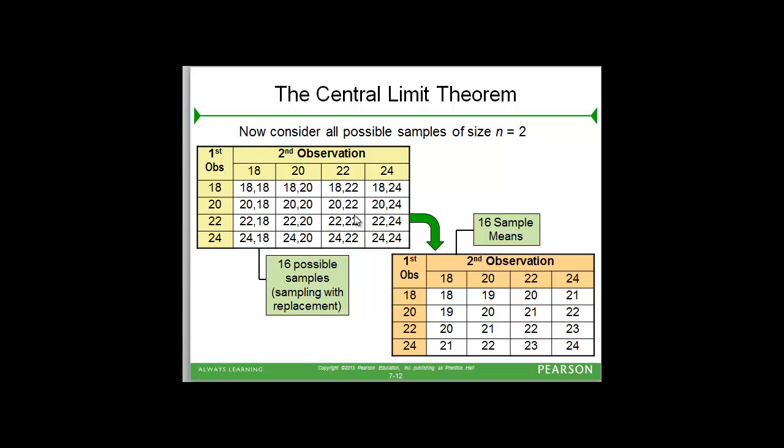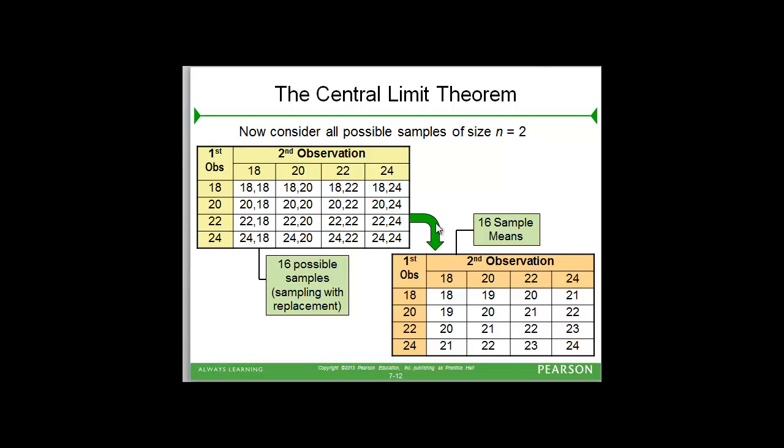That means we list all the possible samples. There are 16 possible samples, 16 pairs, and then we calculate the sample mean for each possible sample.